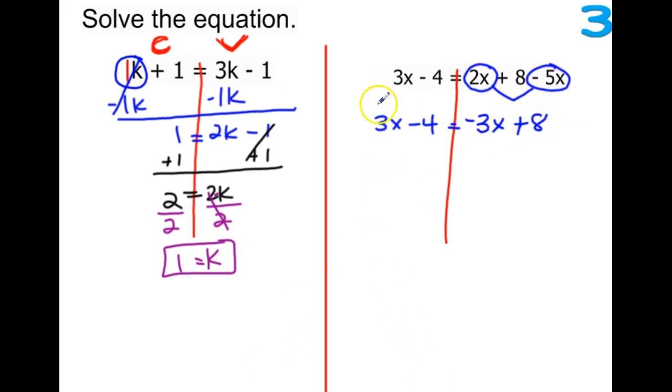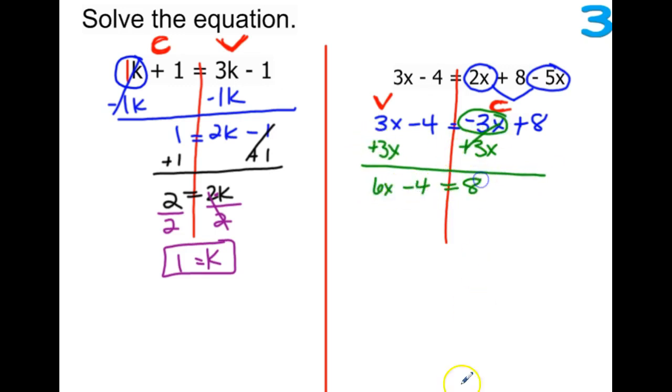I mean, it really doesn't matter because you get the same answer, but I want my variable here and my constants on this side. So if I want to move this, because I don't want this variable over here, the opposite of subtracting 3 is adding 3. So 3 plus 3 is 6x minus 4 equals 8.